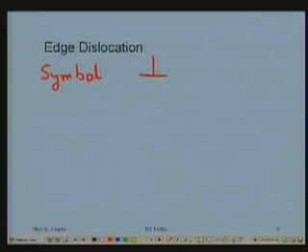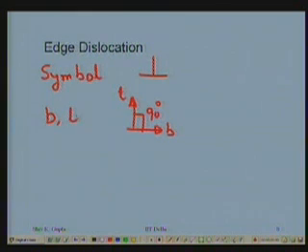In here we have seen the relationship between B and T. This is B, this is T, and this angle is 90 degrees. B cross T points upwards. Such a dislocation is called a positive edge dislocation.